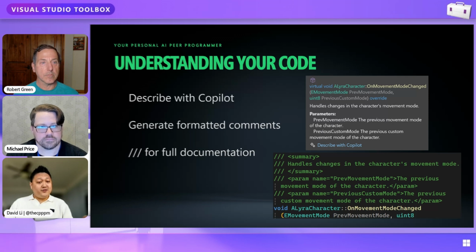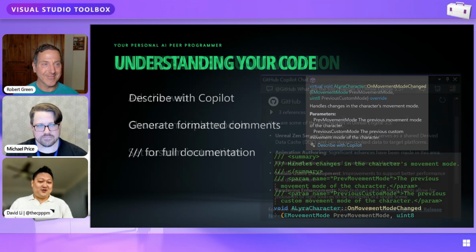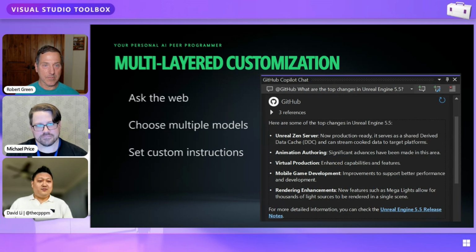Once again, with a few keystrokes, you now have no excuse to not document your code anymore. Lastly, we showed multi-layer customization that allows you to talk directly to the web with different model interactions, as well as setting custom instructions. So that was it for our code portion of your inner loop.